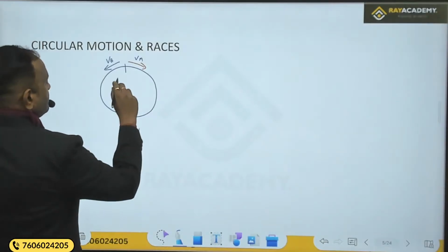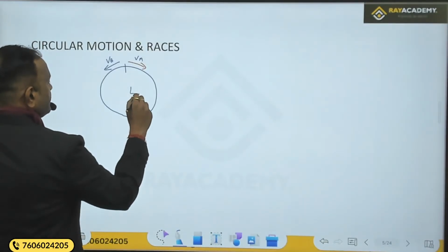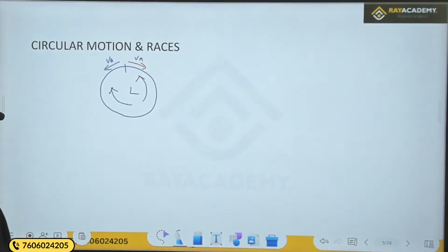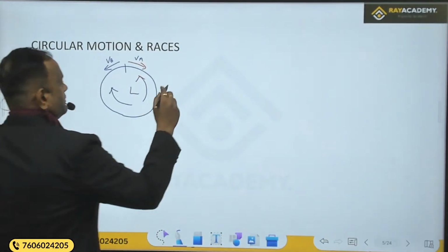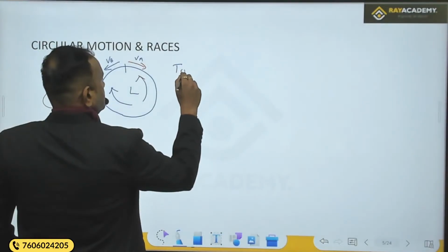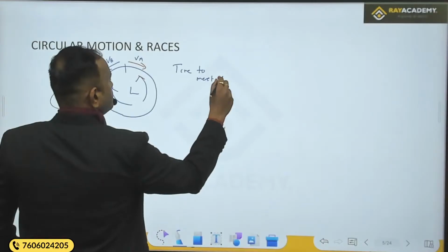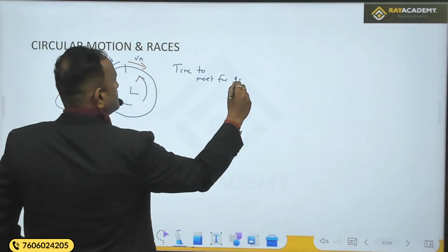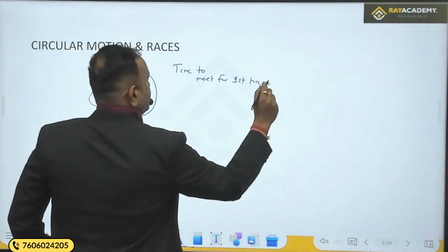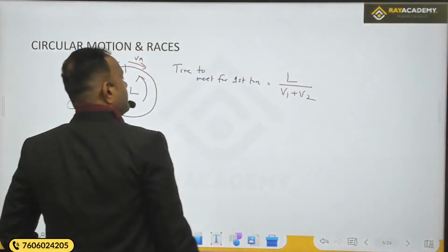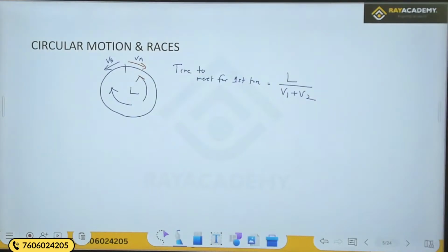Or let's say the perimeter, the length, is given as L. So the time to meet for the first time is L by V1 plus V2. Time to meet for the first time.